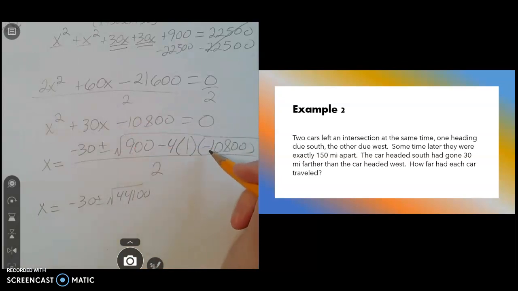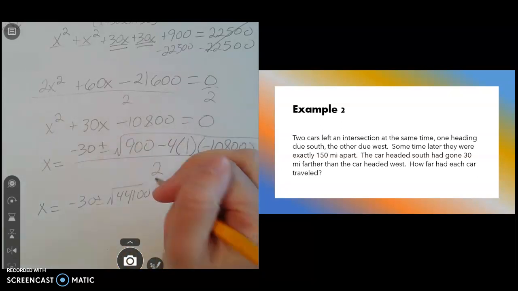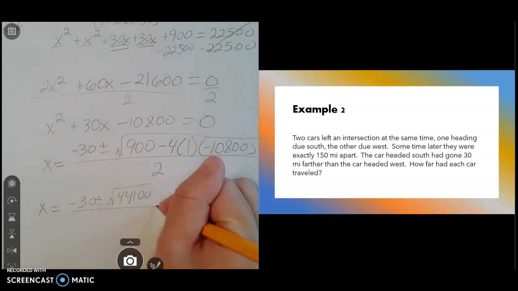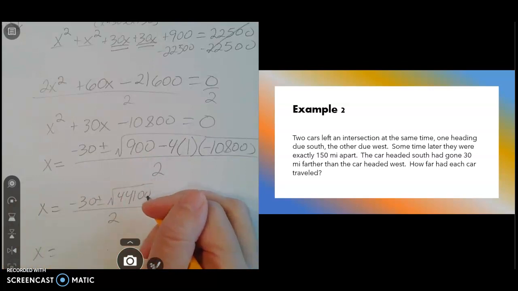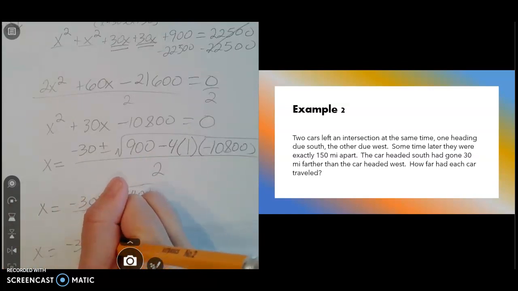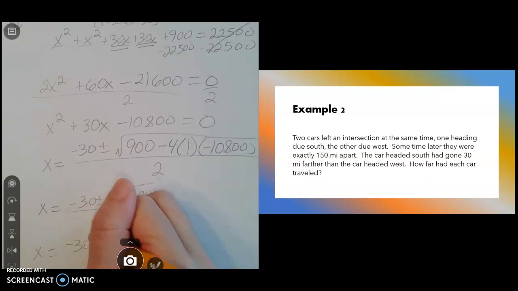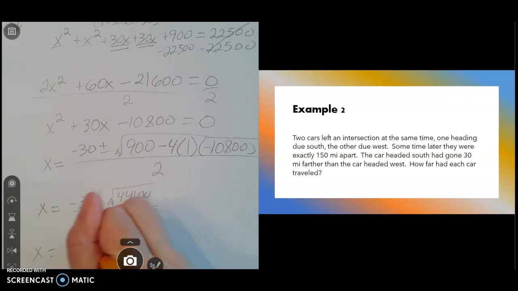This negative times a negative will be a positive, so you're adding that 4 times 10,800 and 900 together. That's where this comes from. It's all over 2. That 44,100 is actually a perfect square, believe it or not. The square root of 44,100 is 210, which is pretty nice.